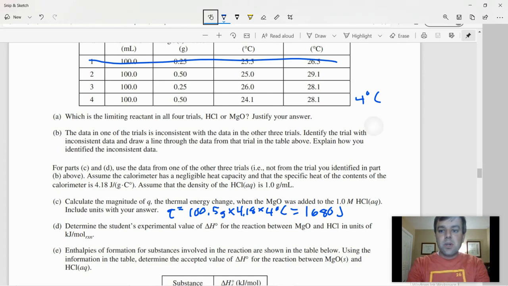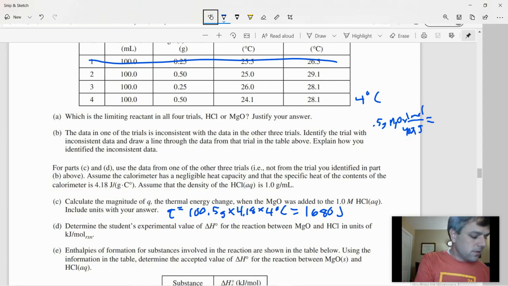We have 0.5 grams of magnesium oxide, and we need to convert those grams into moles. So we take the mass of magnesium plus the mass of oxygen, and we get 40.31. And so that's 0.012 moles.